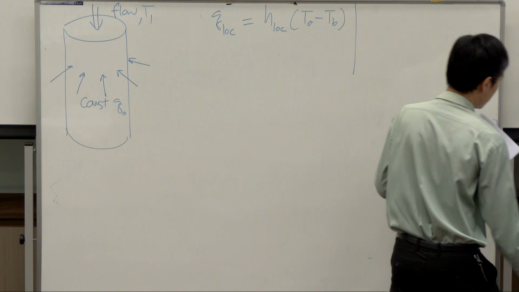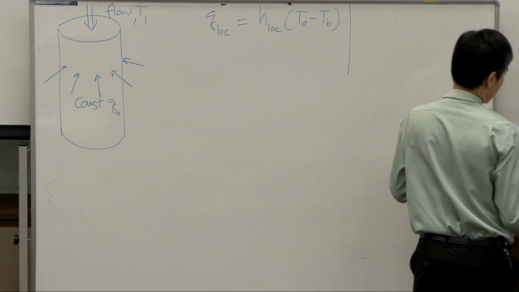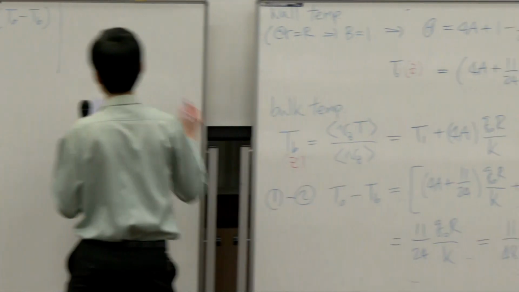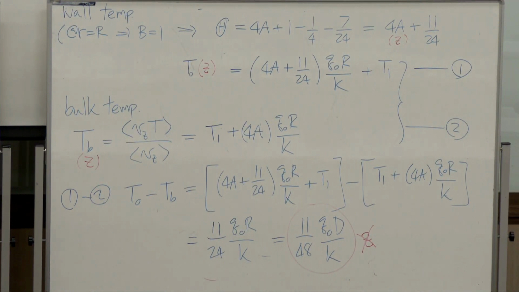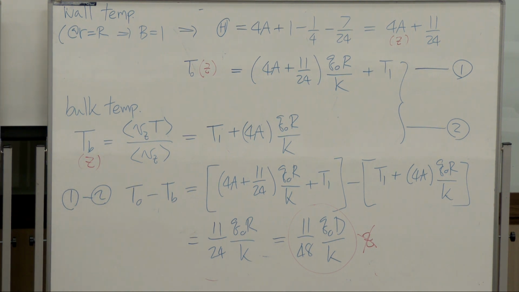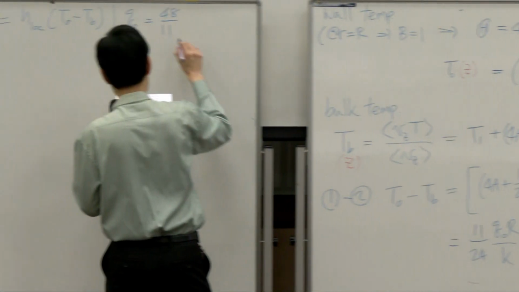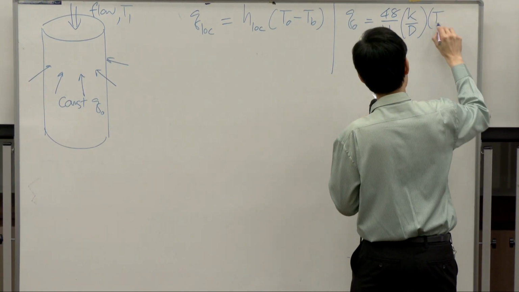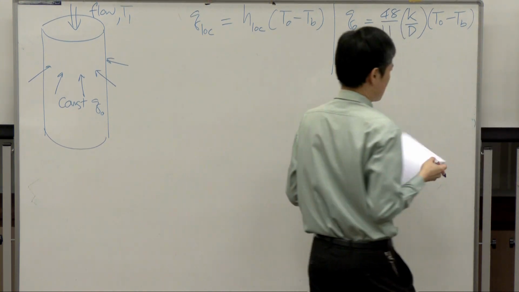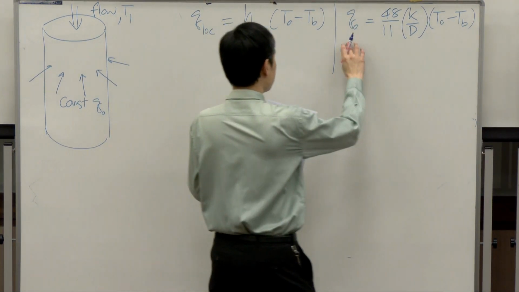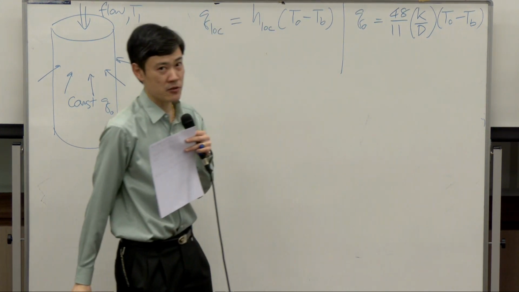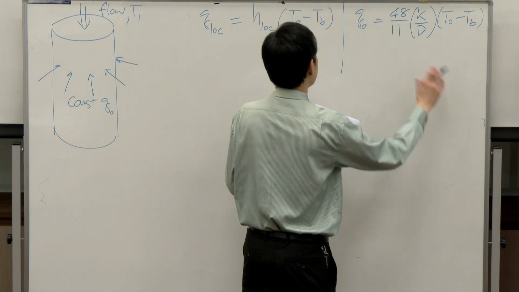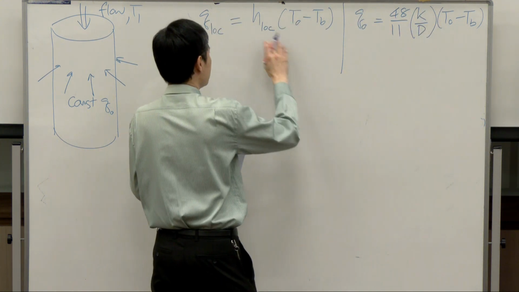From the calculation, if you rearrange the equation, I can get Q0 by itself. The rest would go to the other side. So Q0 from the calculation will be 48 over 11 K over D times T0 subtracted by TB. Okay? This part is basically obtained from the temperature profile. We calculate flux from the temperature profile, and then we tie these two together.